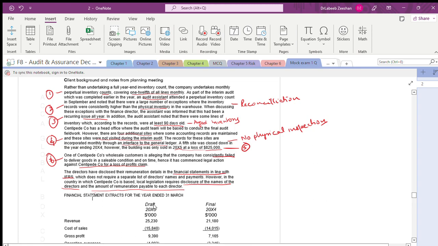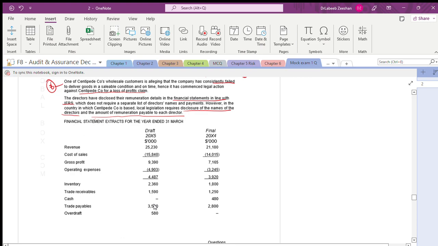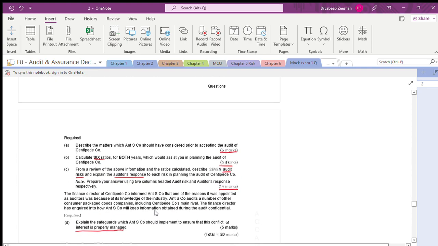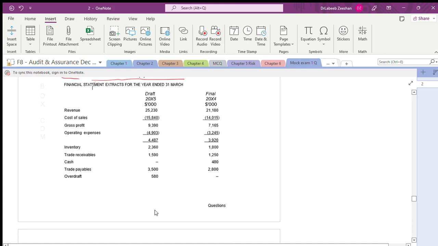Fine. Now we have to calculate 6 ratios. Which ratios can we calculate with this information? Gross profit. Good. Inventory turnover.